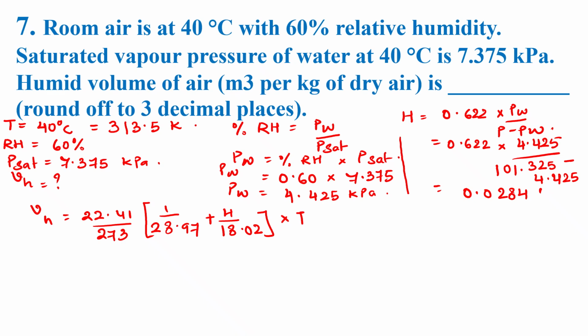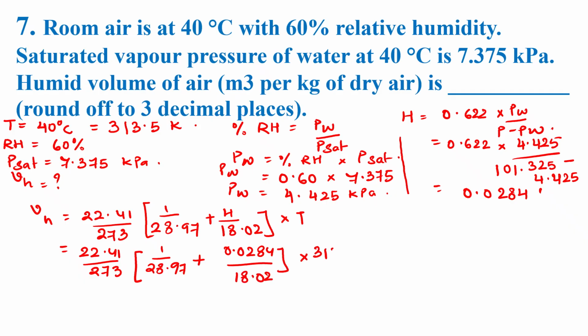22.41 by 273, 1 by 28.97 plus 0.0284 by 18.02 into 313.5.